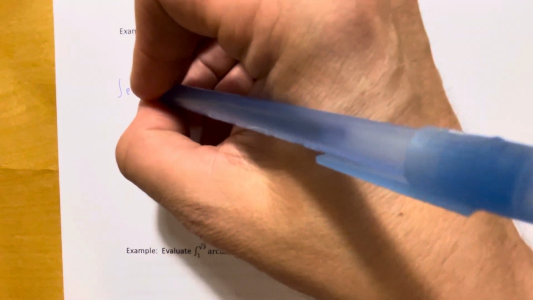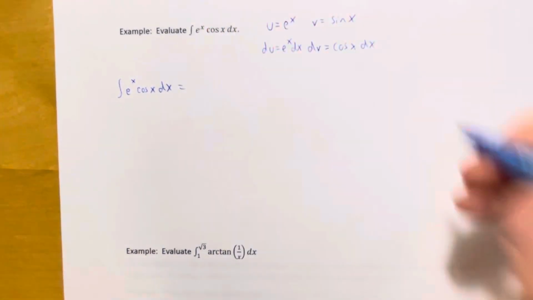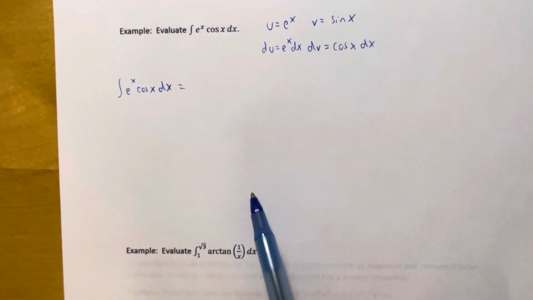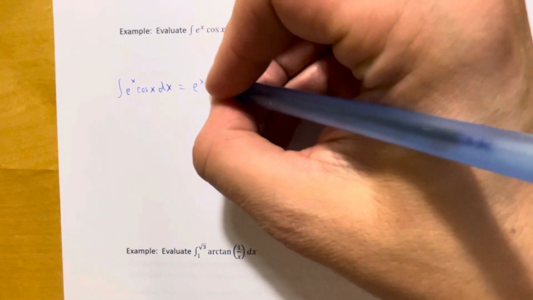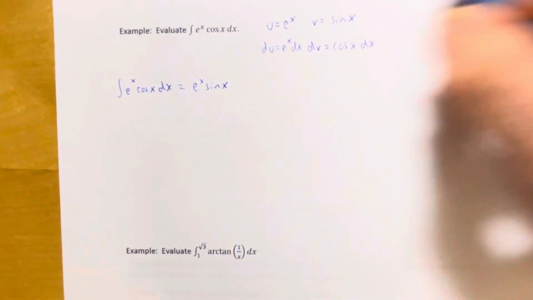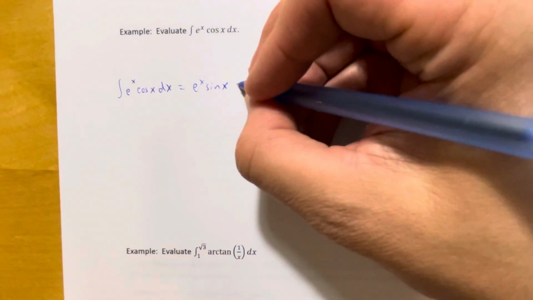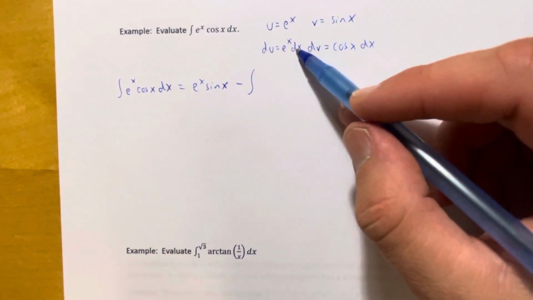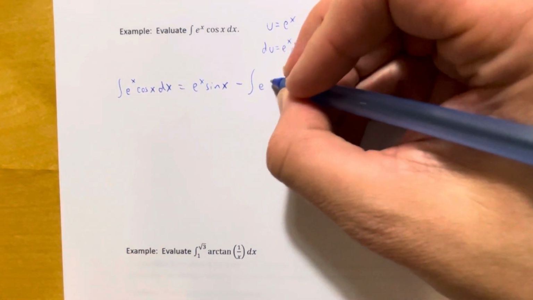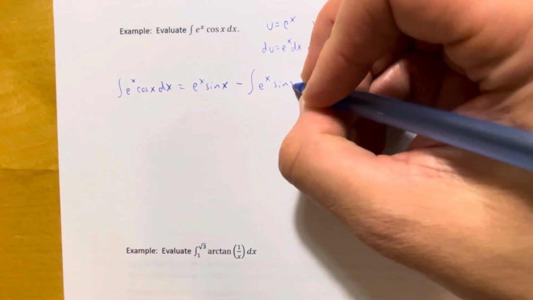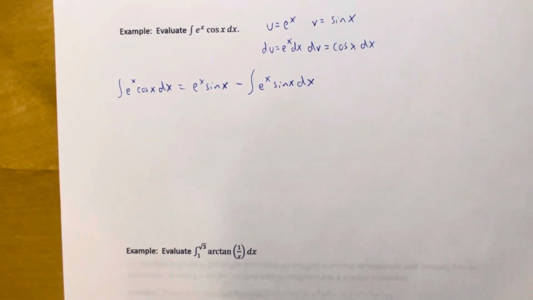I have the integral of e to the x cosine of x dx equals uv, so that's e to the x times sine of x, okay, minus the integral of v du. So this is going to look like e to the x sine of x dx.